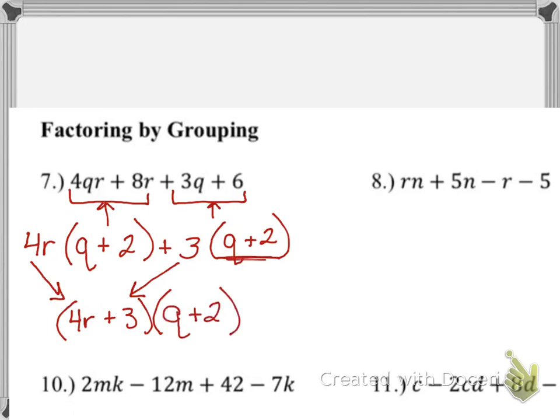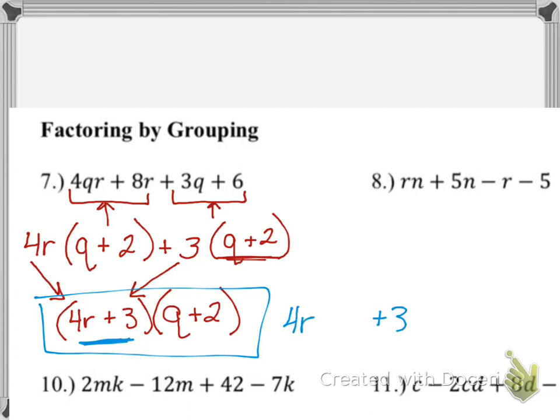So let me show you something really, really cool. Because if you're like, wait, why are we doing this? Well, the reason is, if you guys remember, if I told you to multiply this answer, back when we first started learning multiplying binomials, I told you take the first binomial and split it apart, right? So we'd have 4R and then the plus 3, and then take the second binomial and write it next to each one. Okay, so if I were to actually solve that, I'm going to do that.